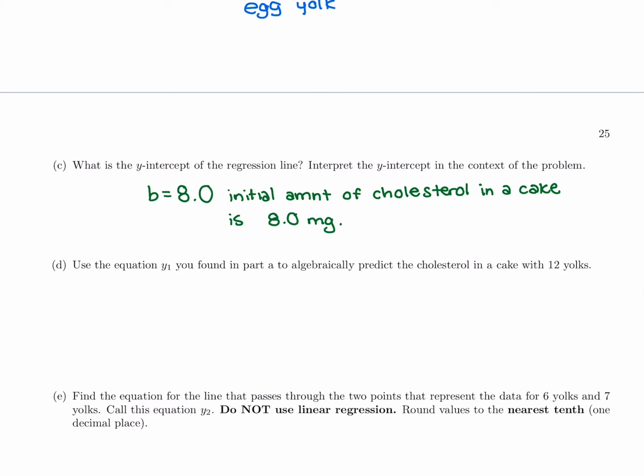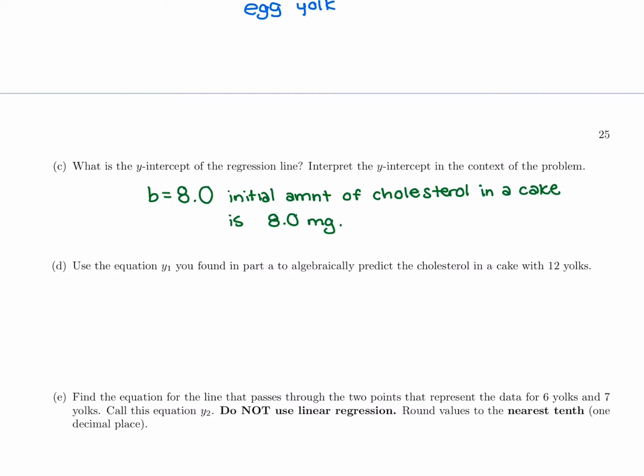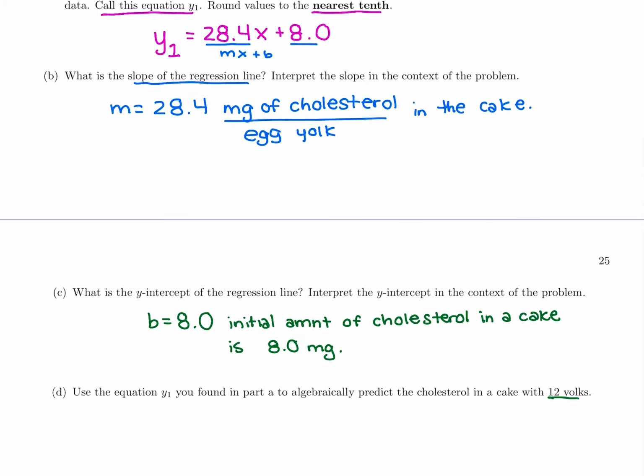So we're going to use this equation called y1 that we found in the first part to predict the cholesterol in a cake with 12 egg yolks. So I'm going to plug into my y1 equation from above. y1 is going to be 28.4, and I'm going to replace my x, the number of egg yolks, with a 12 in parentheses, plus 8.0.